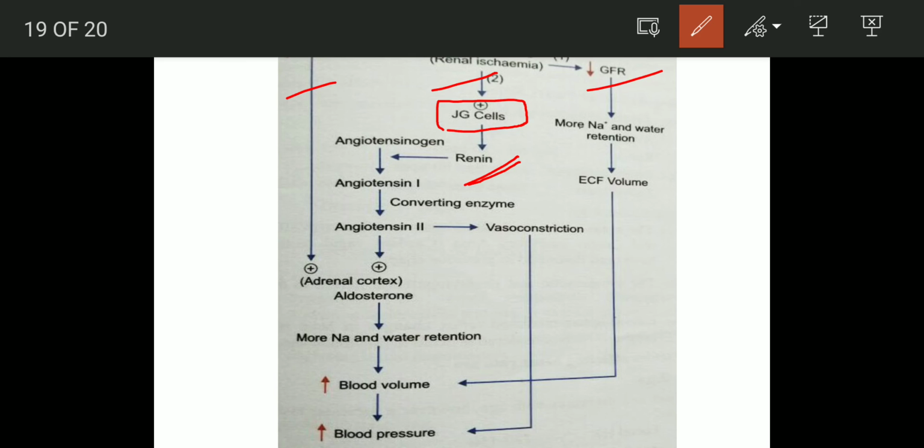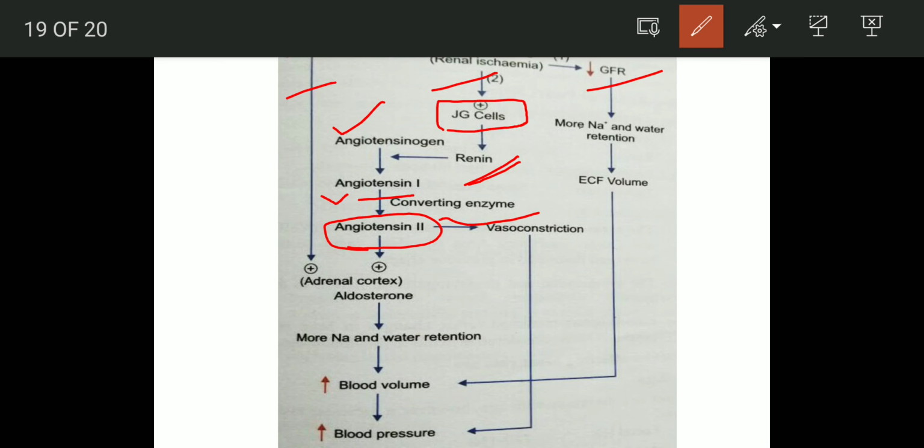This renin will convert angiotensinogen, which is secreted from the liver, to angiotensin 1. Then via the angiotensin converting enzyme, this angiotensin 1 is converted to angiotensin 2.